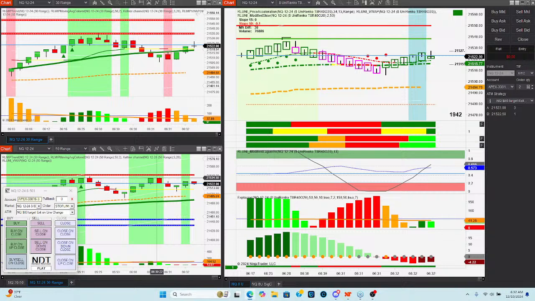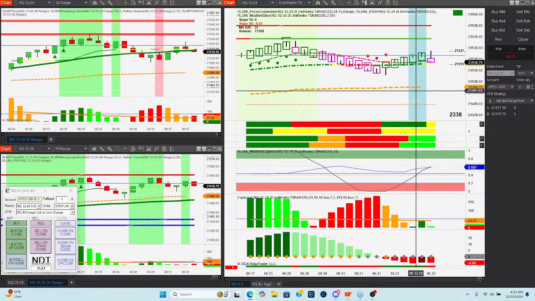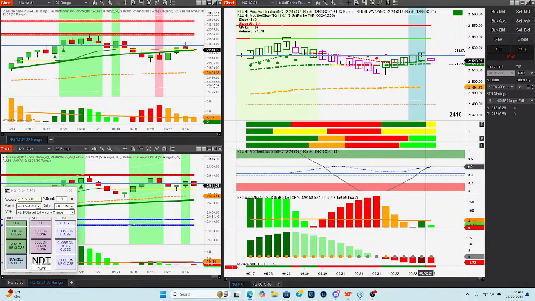So using the money flow tracker, I'm looking for my quants. I'm looking for my background bias. I'm looking for my leg gear to go up.